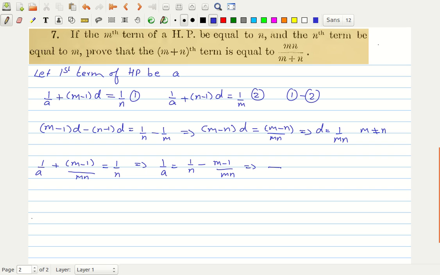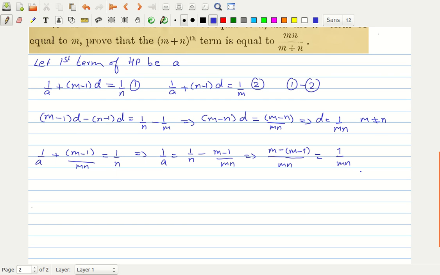If you take the LCM, you get m minus m minus 1, and therefore this is equal to 1 by mn. So we have the first term also as 1 by mn.